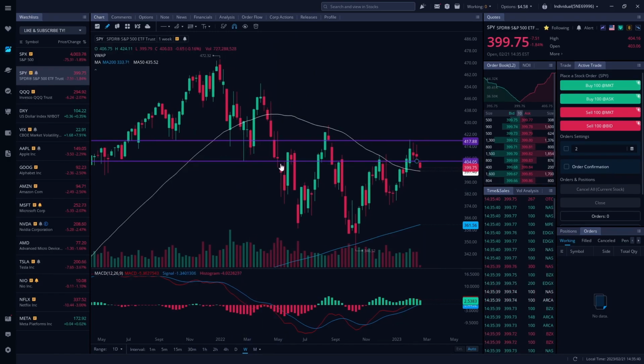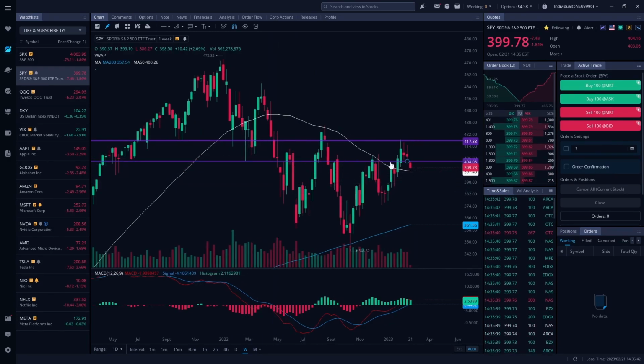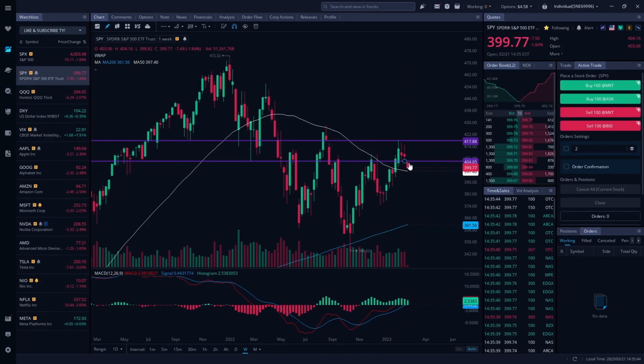Pretty much the same thing here. Today is the beginning of this week, so as long as we can continue this price action under, this is a resistance level.